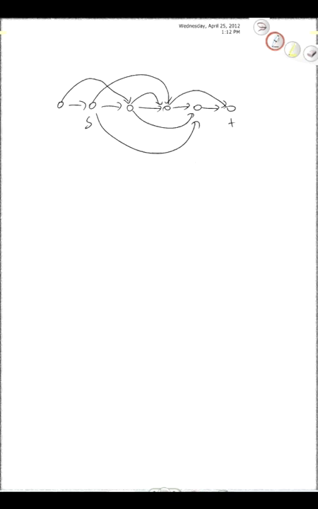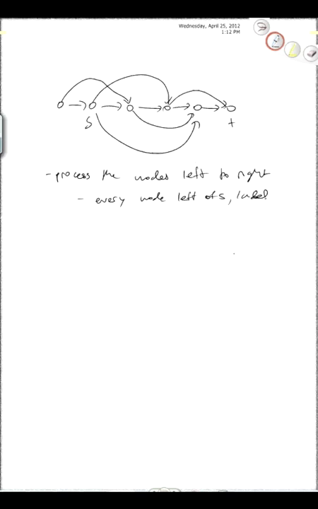The basic idea of this is to do an algorithm that looks very much like the DAG shortest path algorithm. So what we're going to do is just process the nodes left to right. Every node left of S, we're going to label with a 0.